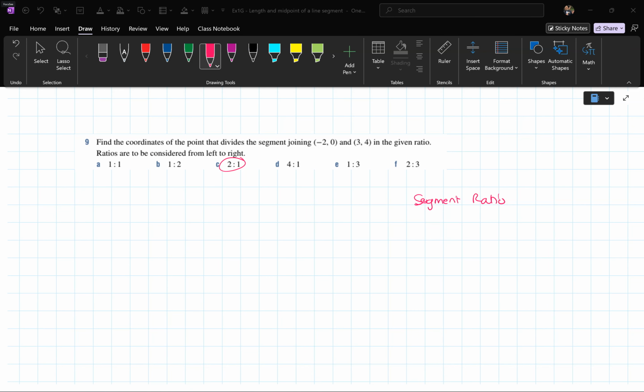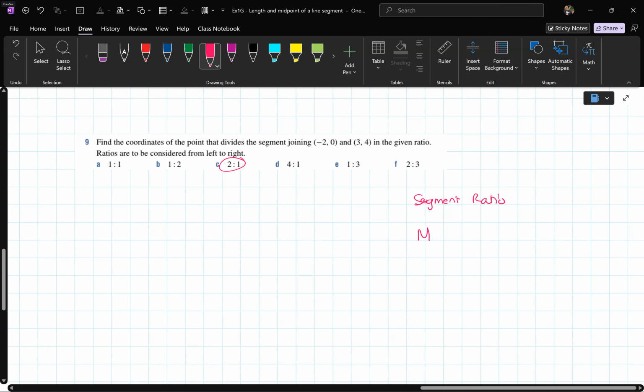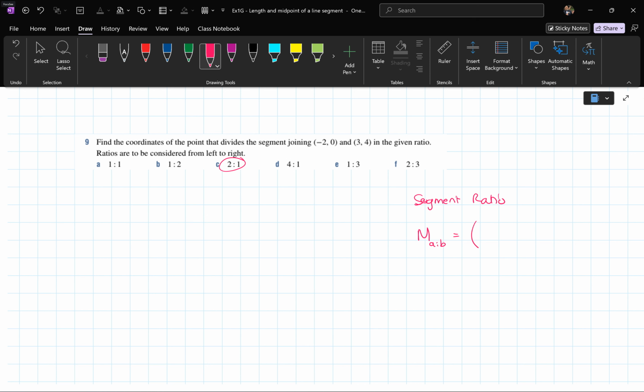And I believe it goes as midpoint of an A to B ratio is equal to A times x2 plus B times x1 divided by A plus B for the x coordinate. And then it will be A times y2 plus B times y1 over A plus B.